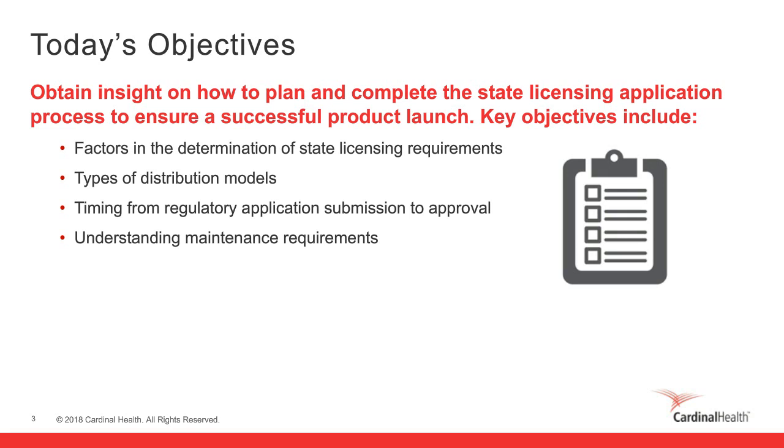Third, we'll discuss timing considerations to target a specific product approval or launch date. And finally, we'll wrap up our webinar discussion today with points on obtaining and maintaining your company's state licenses and thoughts on how Cardinal Health Regulatory Sciences can assist your company through the state licensing process.